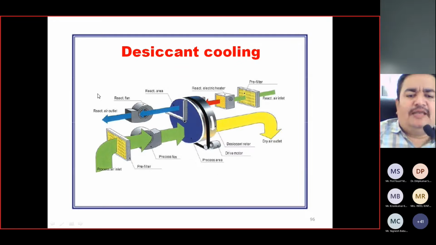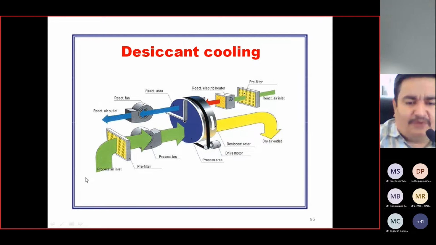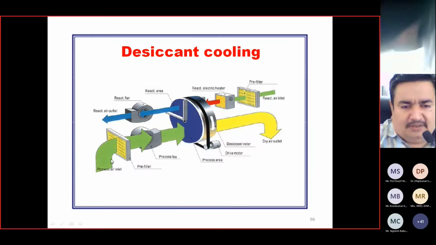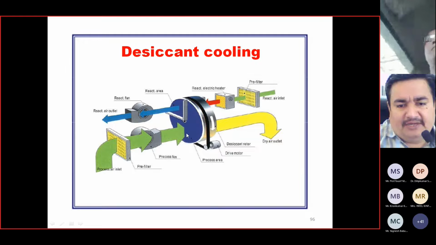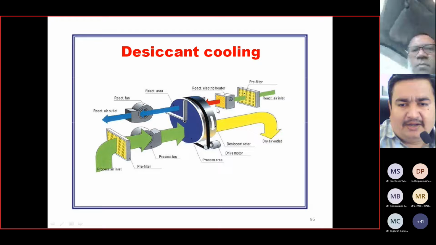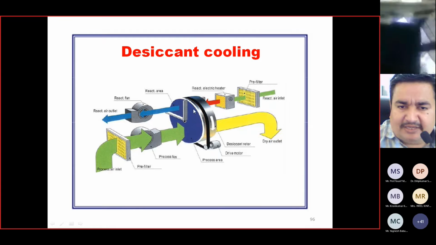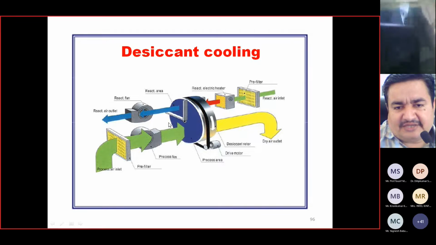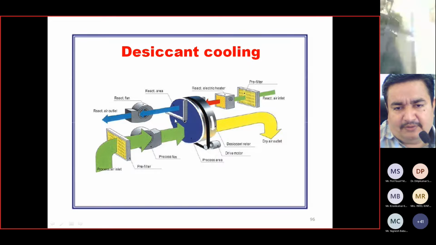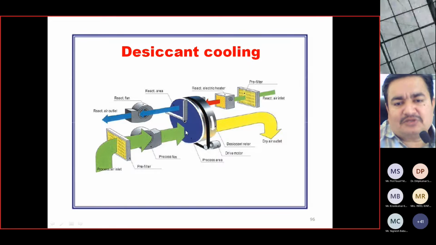So this is the three-dimensional view of how you can first feed the process air by passing it through filters and a fan to the dehumidifier. The dehumidifier can be rotated with a drive motor, and its area is divided into a process air section, where 75% of the area is the process air section, and the remaining 25% is the reactivation air area, and in between certain channelization is made.